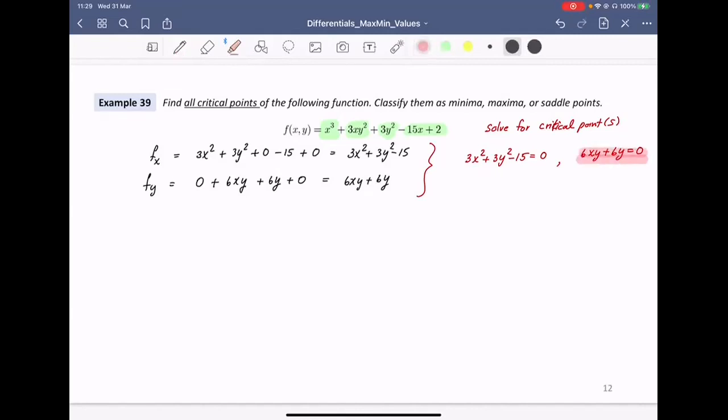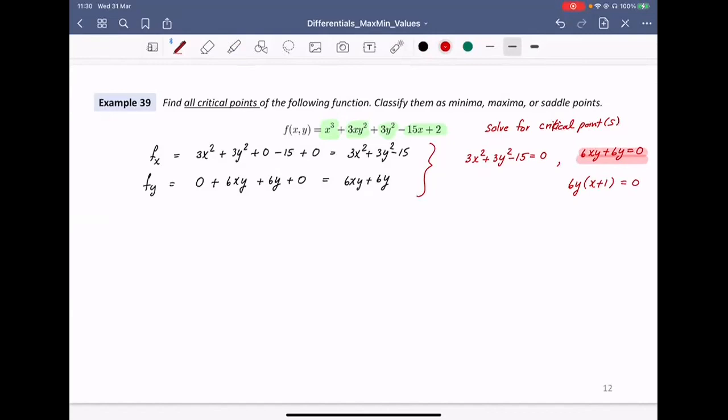6xy plus 6y equal to 0. It seems that you can factor out y, because y is a common factor. Actually, you can pull out 6y, so you get 6y times x plus 1 equal to 0.